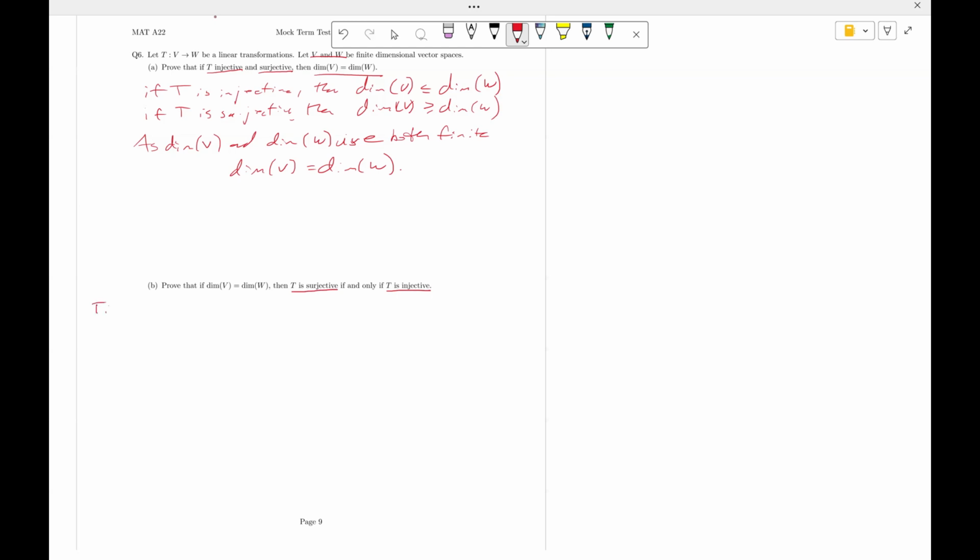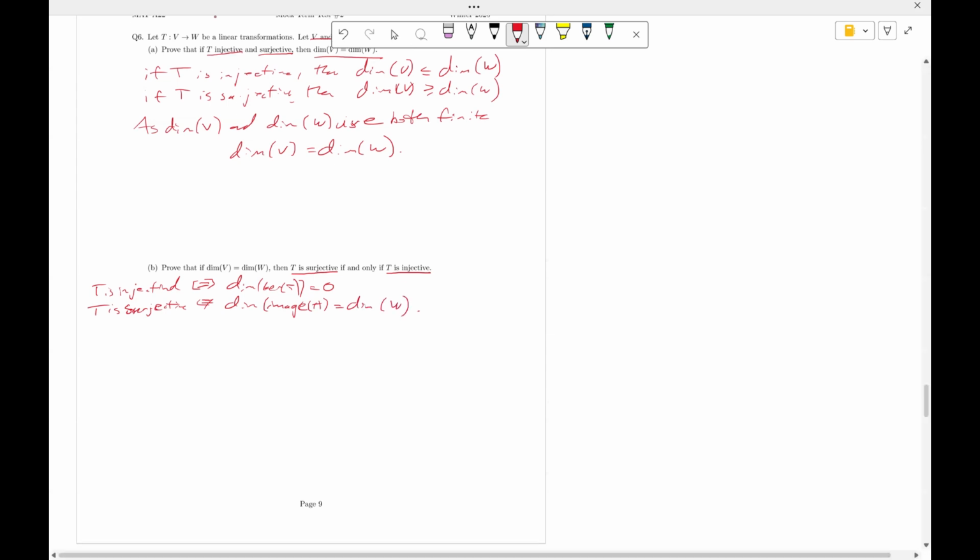Specifically, T is injective if and only if the dimension of the kernel of T equals 0, and T is surjective if and only if the dimension of the image of T equals the dimension of W.